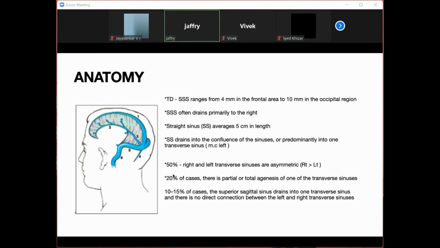About half of the people will have asymmetric sinus size. Right will be larger than left. In 20% of cases, there is partial or total agenesis of the transverse sinus, which we usually see in routine venograms. In 10 to 15% of cases, the superior sagittal sinus drains into one transverse sinus, and in those cases there is no direct connection between the left and right transverse sinuses. So with these entities, I will go ahead.